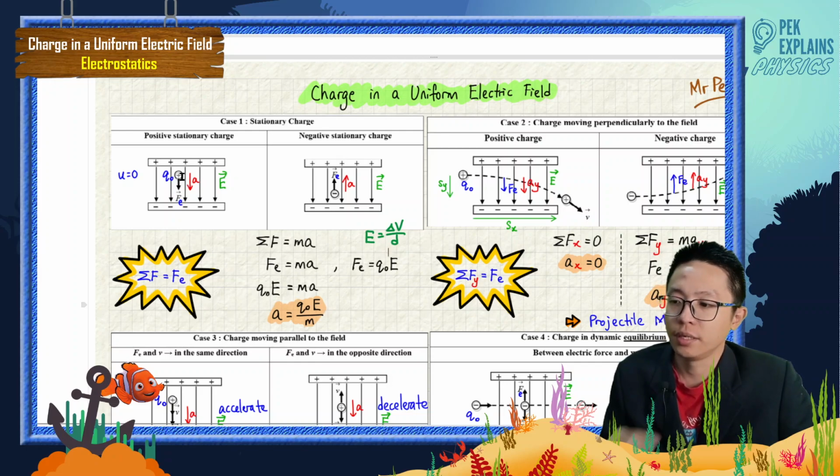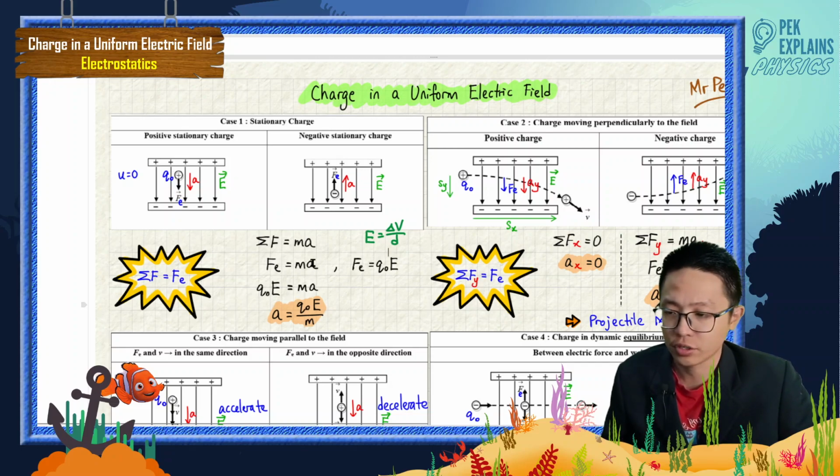This positive charge is attracted by the negative plate, so the electric force is downwards towards the negative plate. Fe is downward. If it has force, it has acceleration.